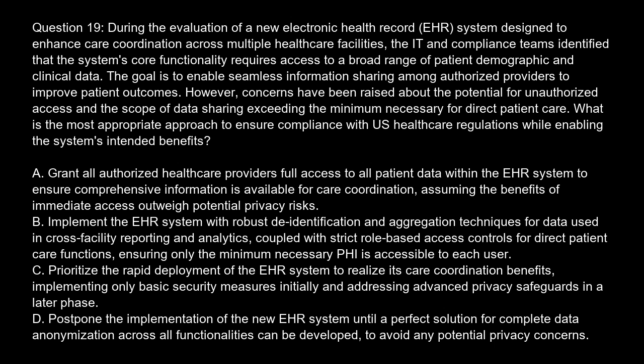Option C. Prioritize the rapid deployment of the EHR system to realize its care coordination benefits, implementing only basic security measures initially and addressing advanced privacy safeguards in a later phase. Option D. Postpone the implementation of the new EHR system until a perfect solution for complete data anonymization across all functionalities can be developed to avoid any potential privacy concerns.